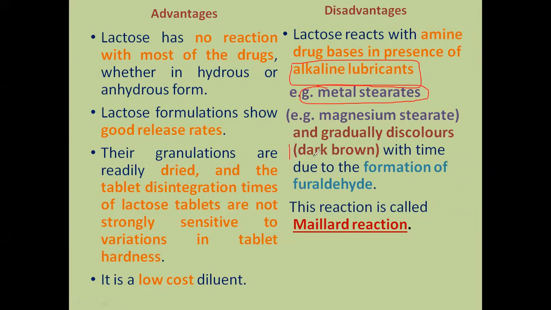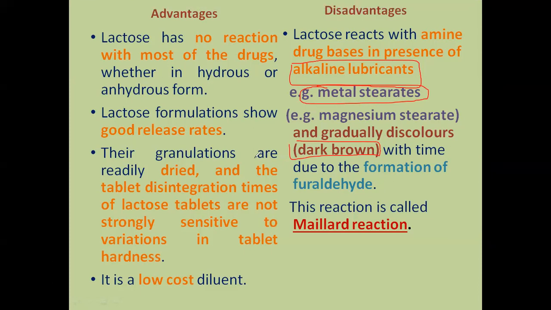It will lead to the formation of dark brown color. With time, with storage, you will find the color changes of the lactose when you use drugs which are amine bases, and this happens only in presence of metal stearate such as magnesium stearate, where the color changes to dark brown with time.